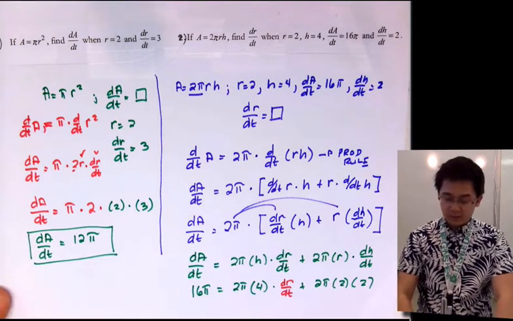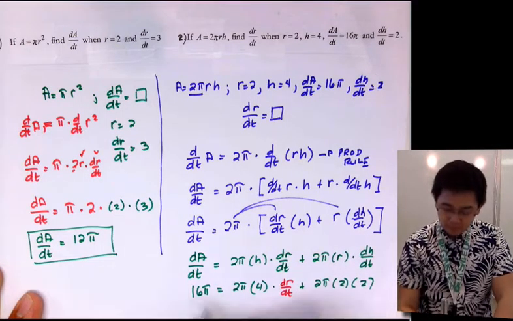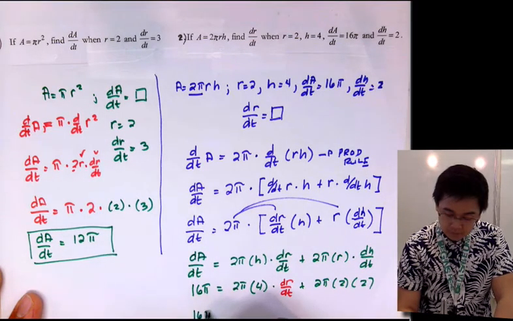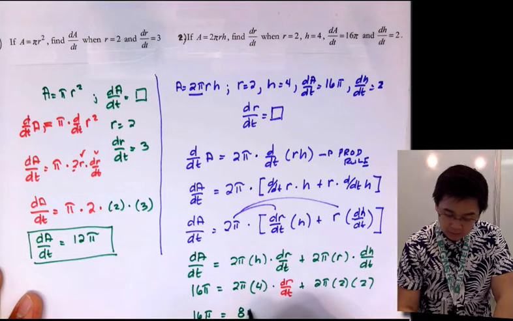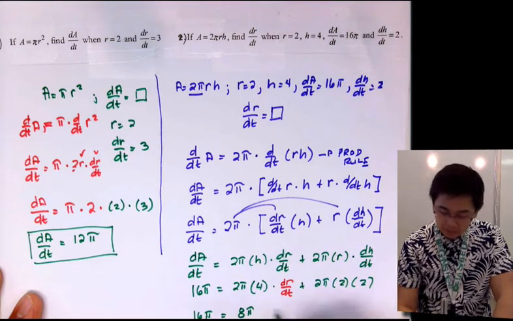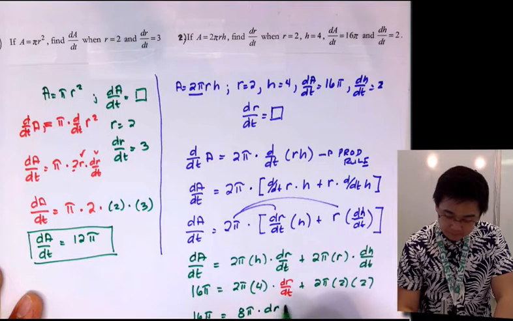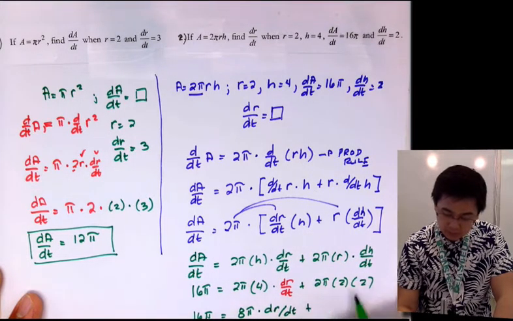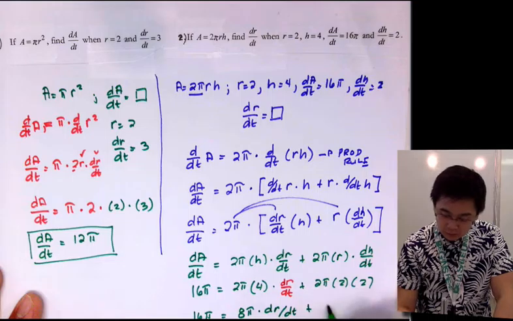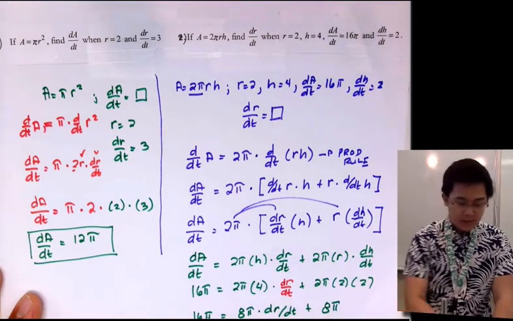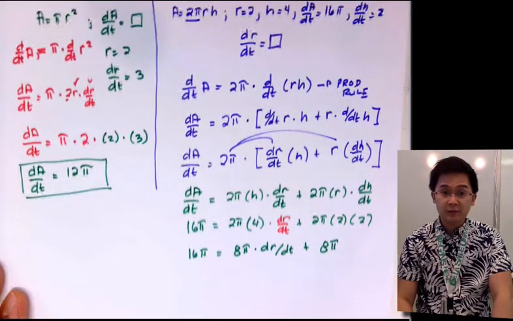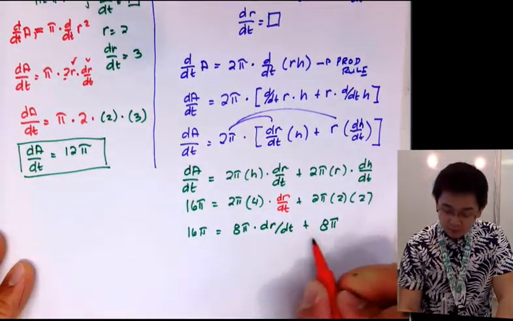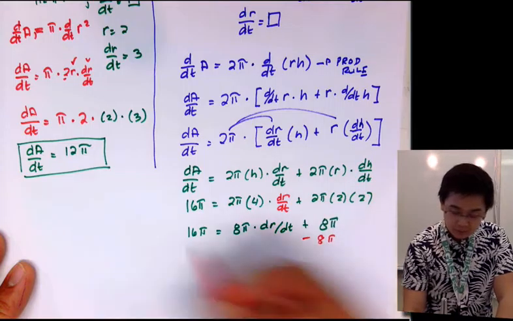Now we can just simplify our equation. 16 pi is equal to 2 times 4 is 8 pi, dr dt, plus 2 times 2 times 2 is 8 pi. And to have dr dt by itself, we'll just use algebra here, so we'll subtract 8 pi here.